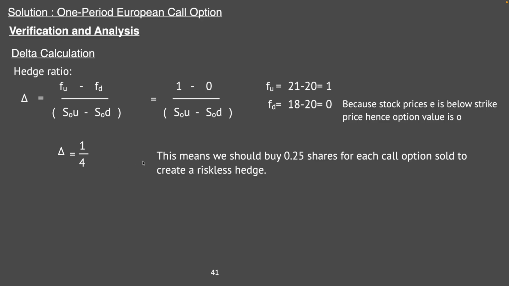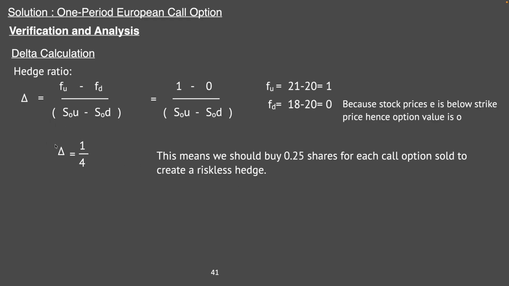So what does it mean? In case you want a portfolio that will not vary whether the underlying is going to move up or move down, then if you are holding a European call option, you have to have 0.25 shares for each option you are going to sell to create a riskless hedge.